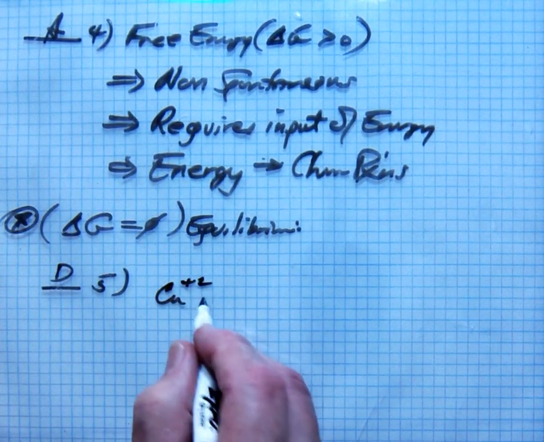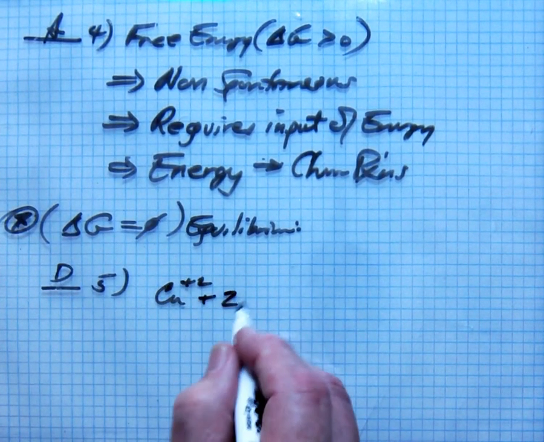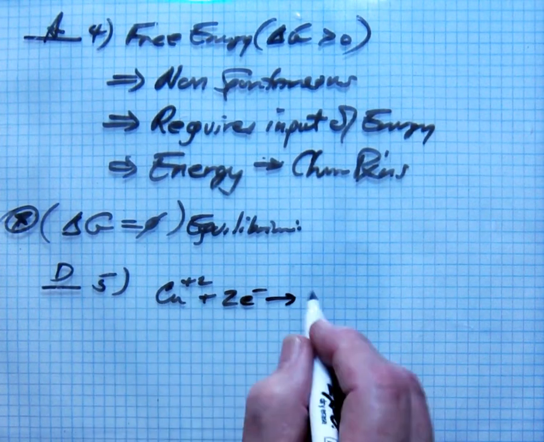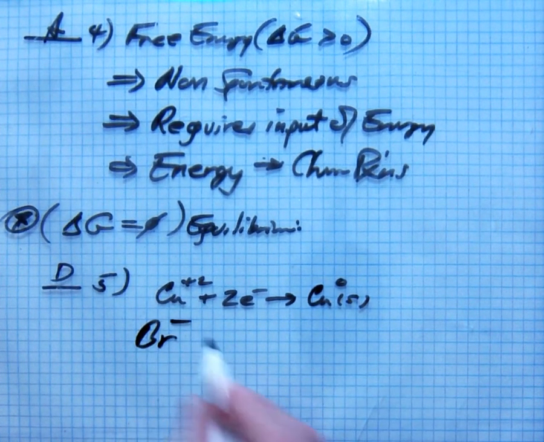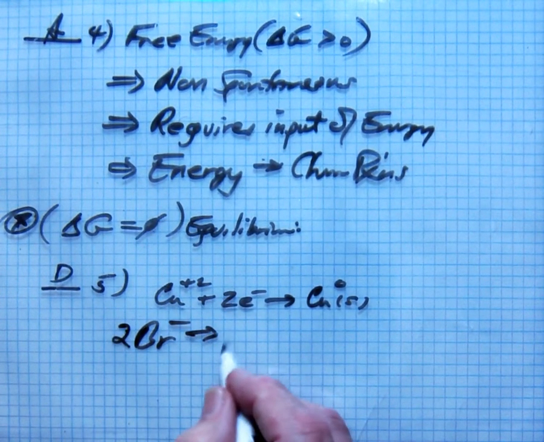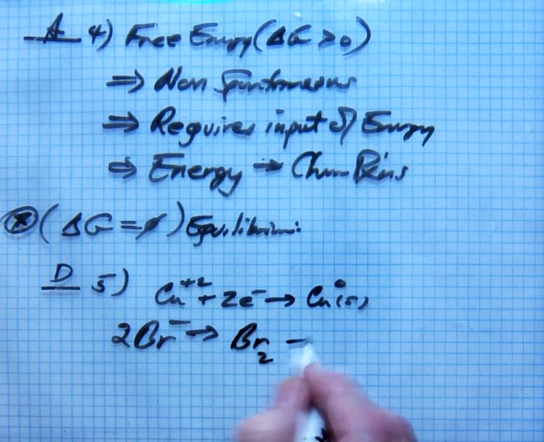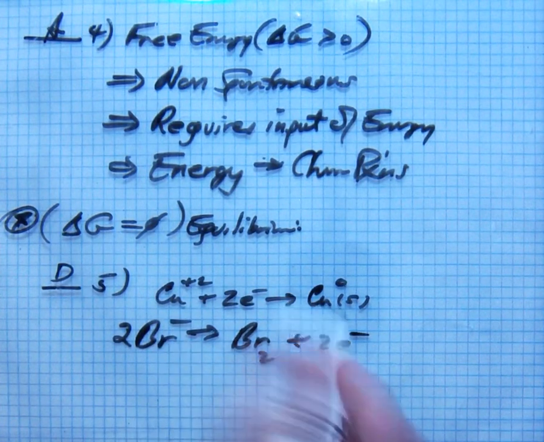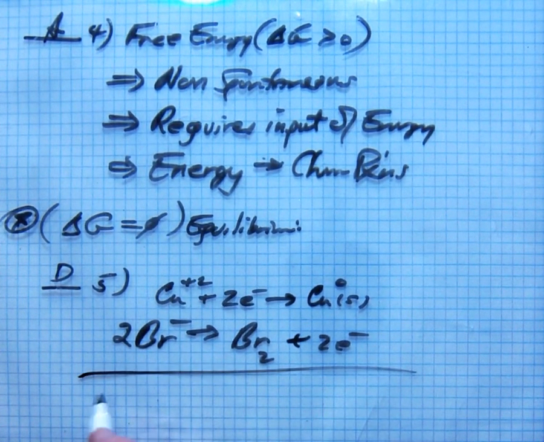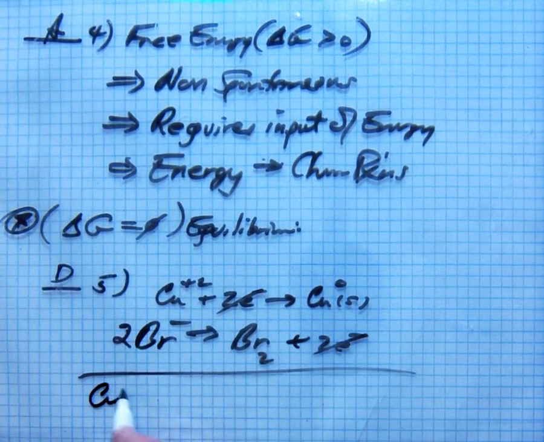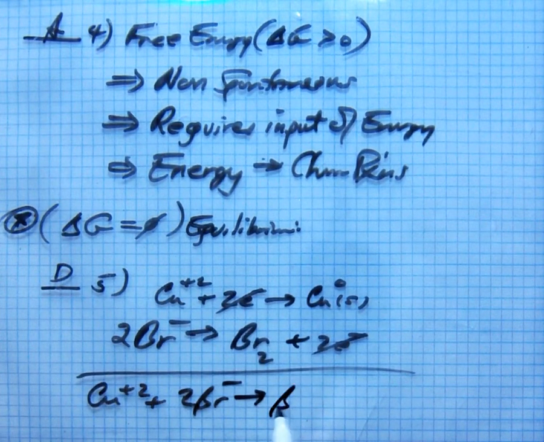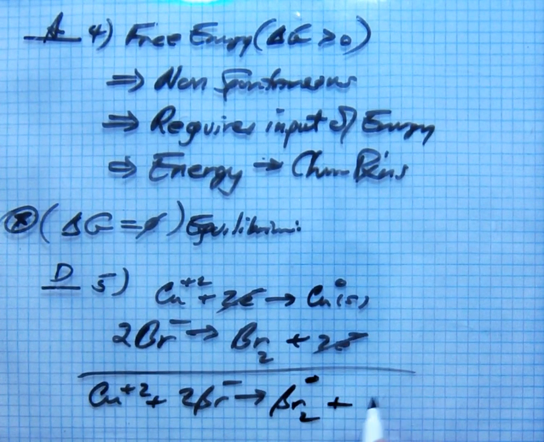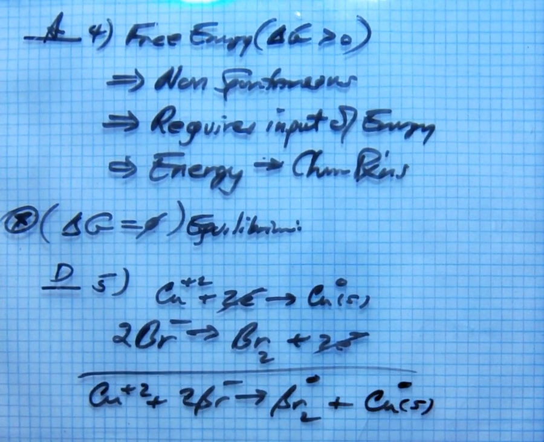Copper undergoes the reduction to copper solid. Bromide undergoes oxidation to bromine plus 2 electrons like that. Add them together, we have electrons drop out, and so that's copper plus a couple of bromides going to Br2, standard state, and copper in standard state.